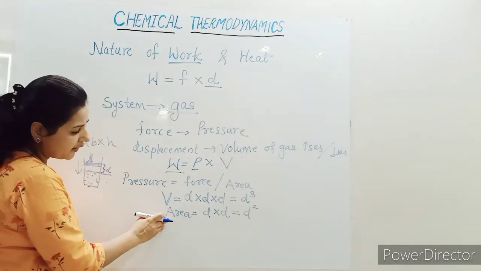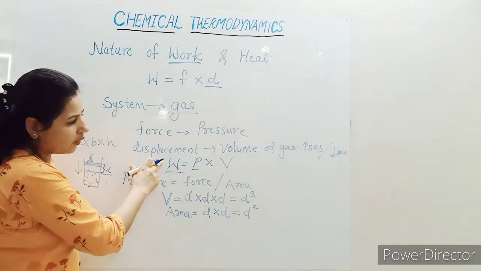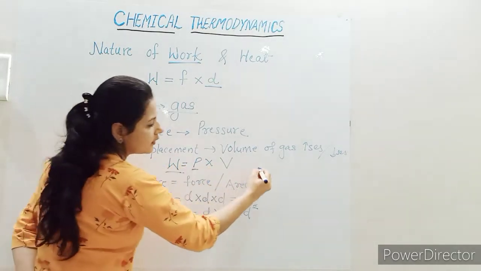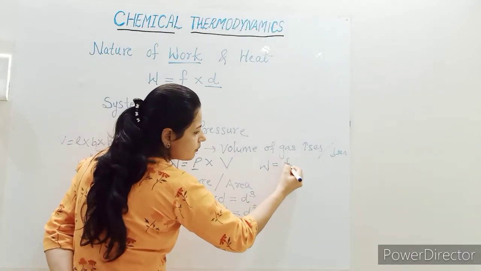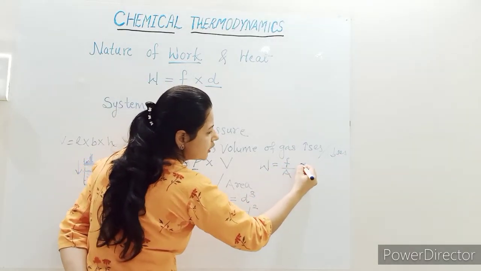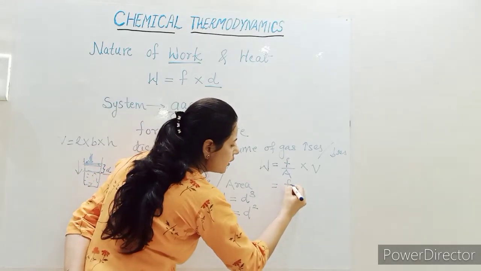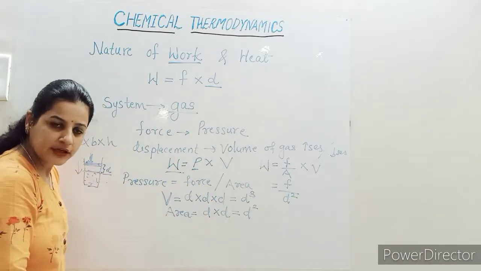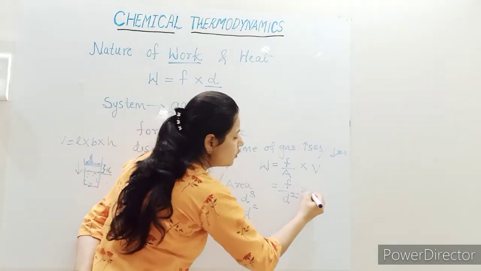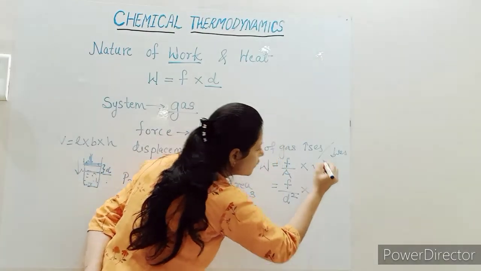Okay, now let us substitute these values in the expression. Here we know that W, the work done, is the force per unit area into volume. The area can be substituted as d square, and the volume can be written as d cube.